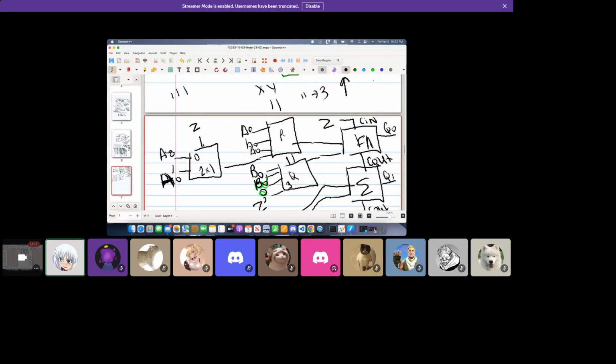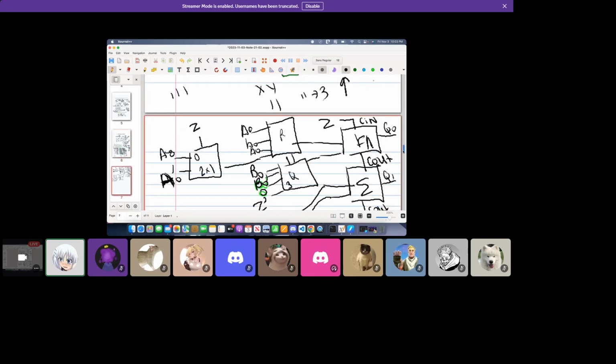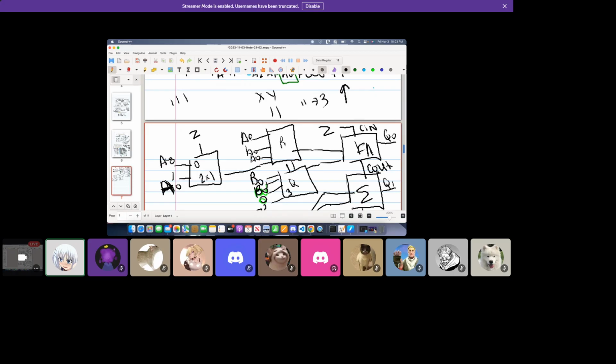Another mux connected to that input, and we connect it to z again. So when z is 0, it would take a. When z is 1, it will take a prime. So it follows the same thing. When it's 1, 1, 1, it will take the fourth thing because x and y will be 1, 1.